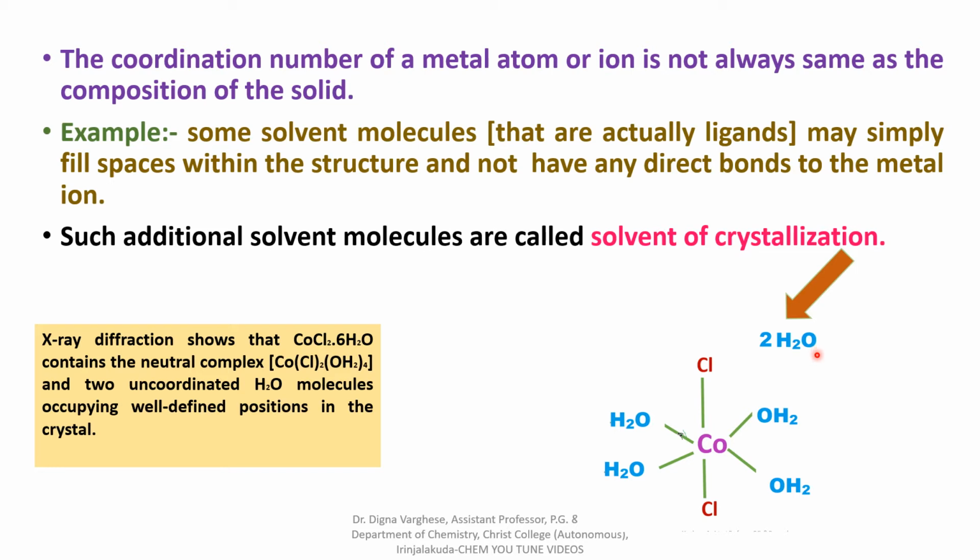They simply fill the spaces within the structure and do not have any direct contact with the cobalt atom. So these two water molecules are called solvent of crystallization, but these water molecules, here and here, are ligands, that is, they have direct contact with the central cobalt atom.